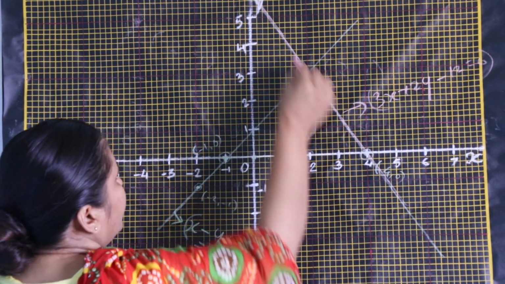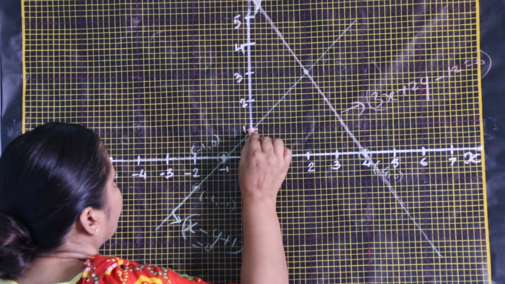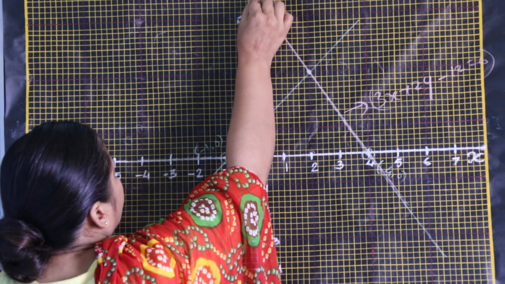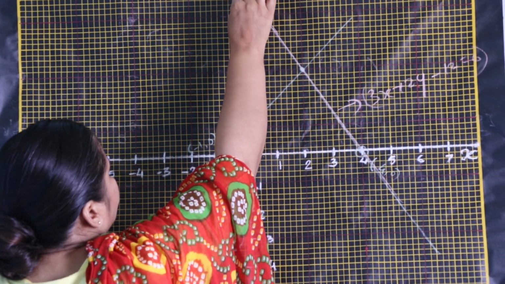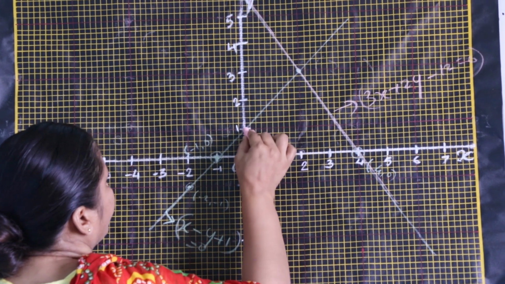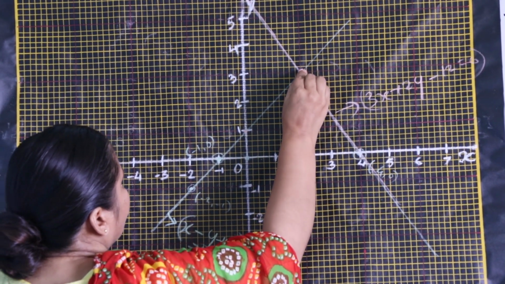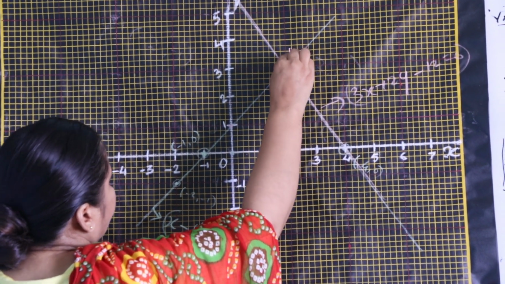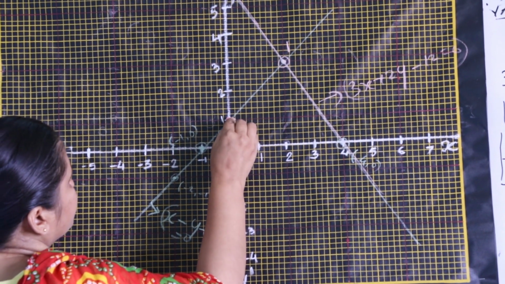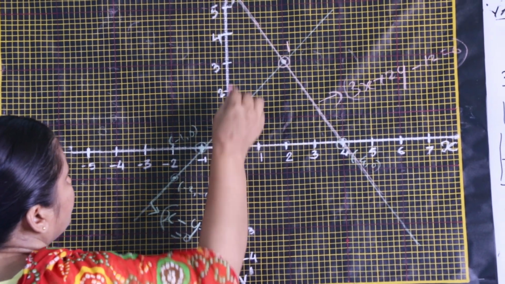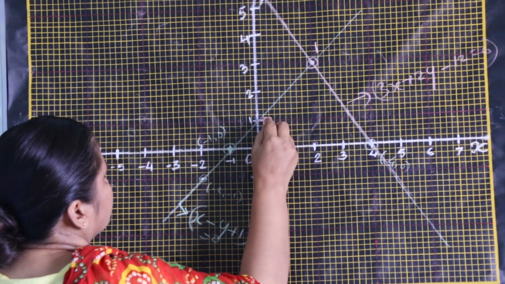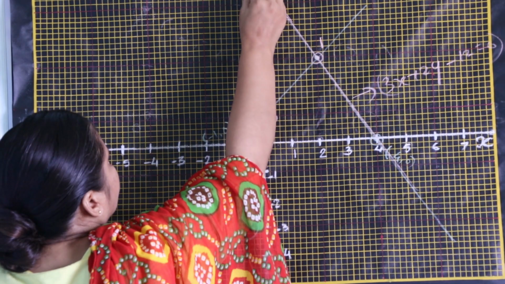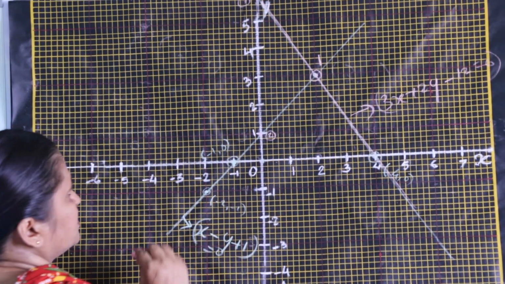Wherever these two lines intersect the y-axis, this is one triangle. The intersection point will be the same. This is the first vertex, and I'm talking about a triangle formed with y-axis. This is the second and this is the third vertex, right?